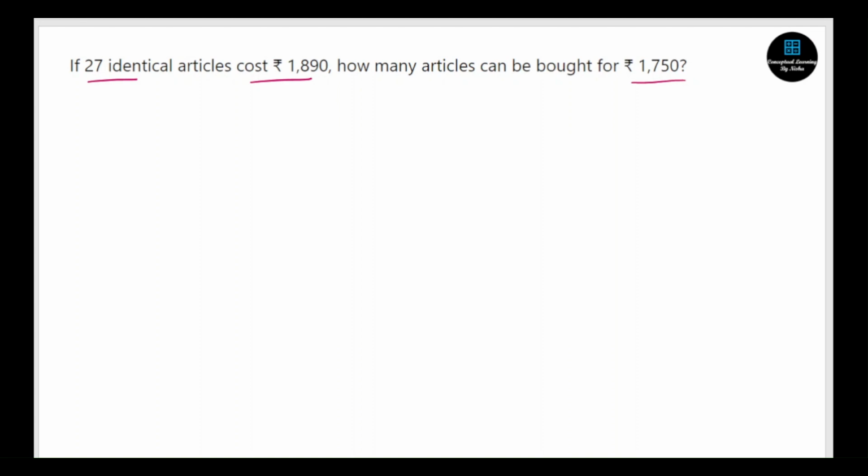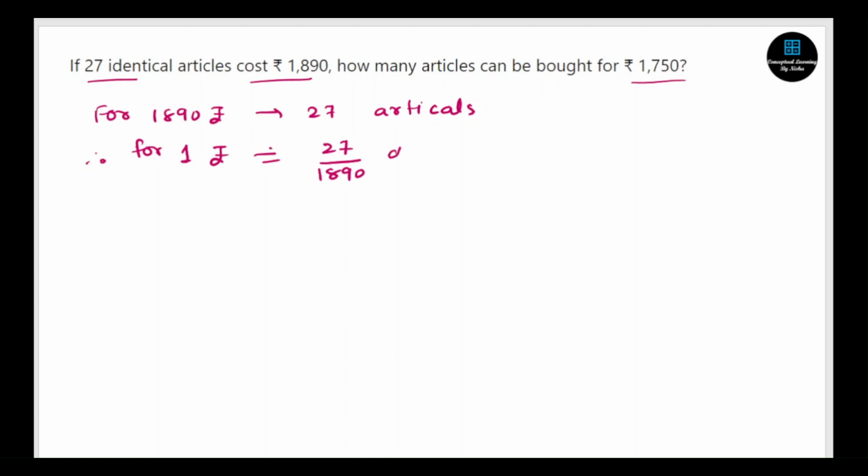So now for 1890 rupees, 27 articles can be bought, right? Therefore for 1 rupee. So how many? 27 upon 1890 articles.